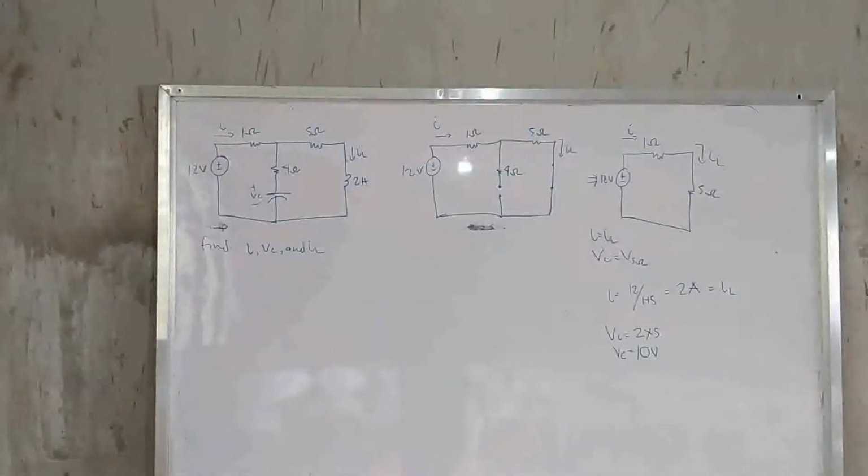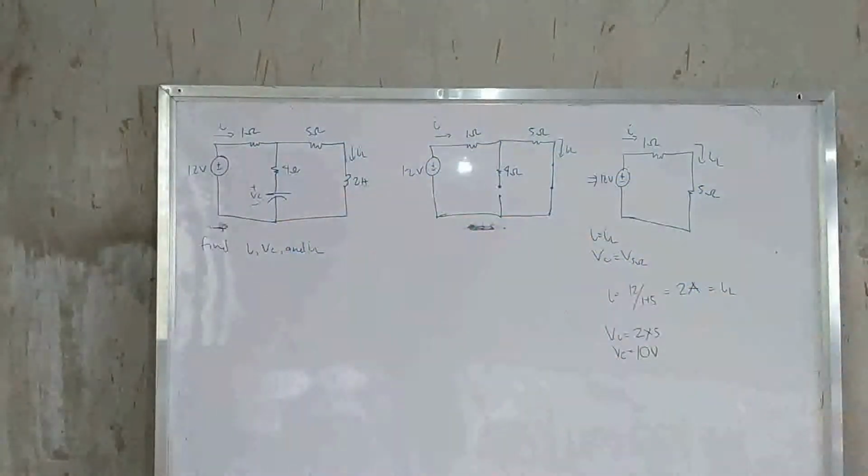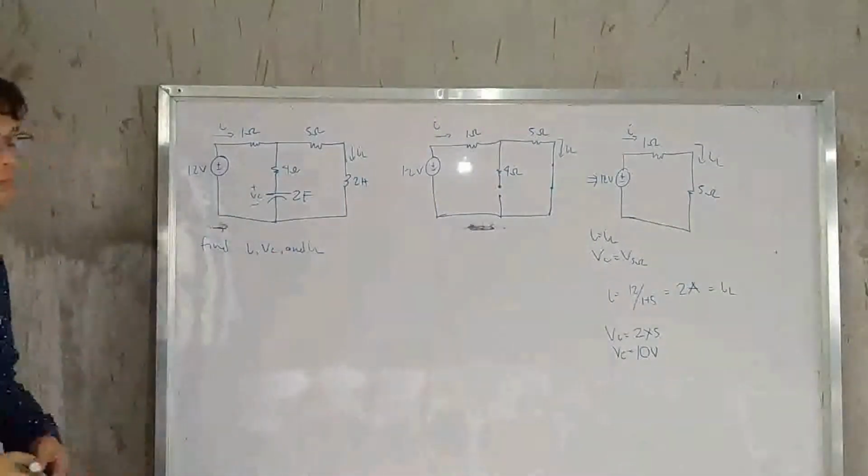We have a 2 Henry inductor and also 4 ohms in series with a certain capacitor. What if our capacitor is, let's put it at 5.